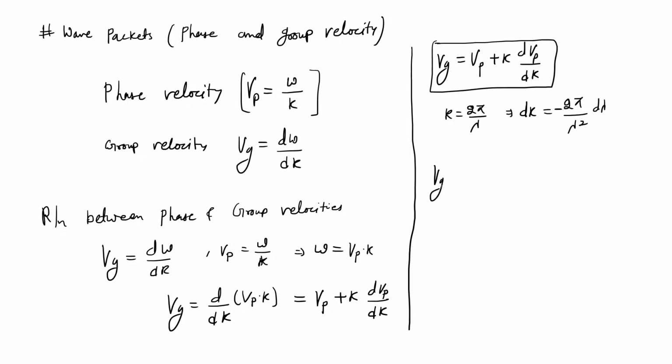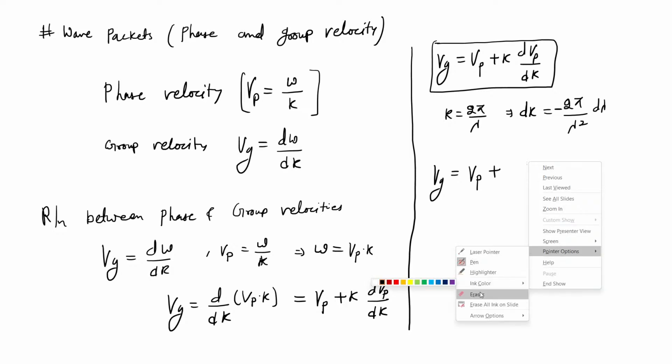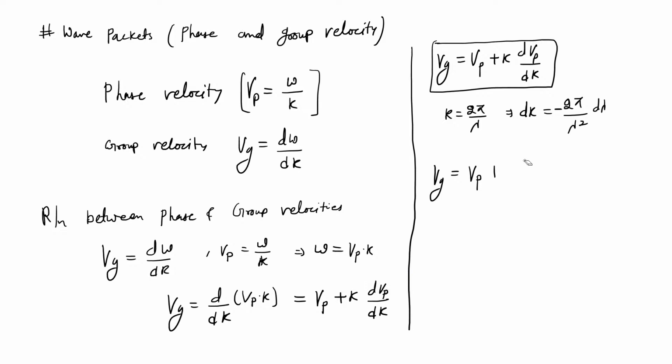So Vg will convert in terms of lambda as Vp plus, you will put k as 2 pi by lambda. That is all you will do, and you can do it yourself, no problem.